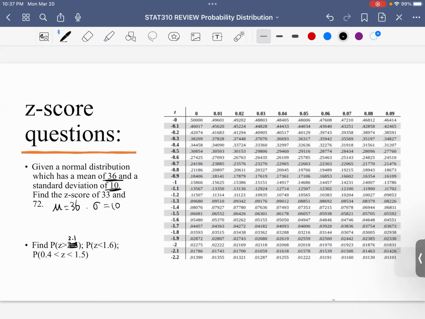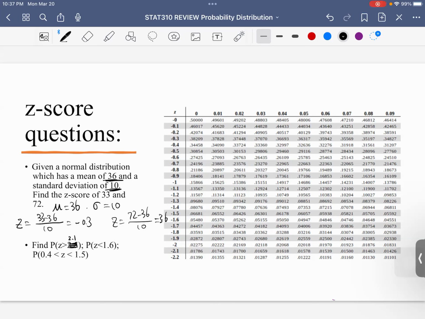Find a z-score of 33. When you plug in the values, 33 minus 36 over 10, which is negative 0.3. For 72, you got the same thing, 72 minus 36 over 10, which is 3.6.